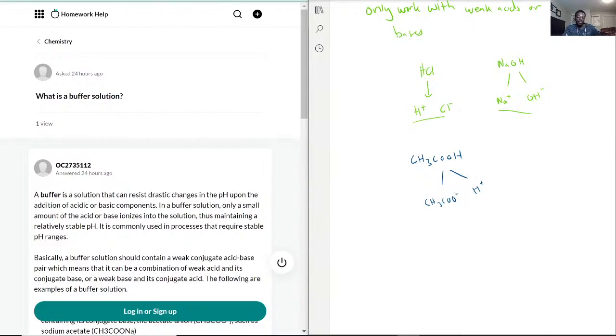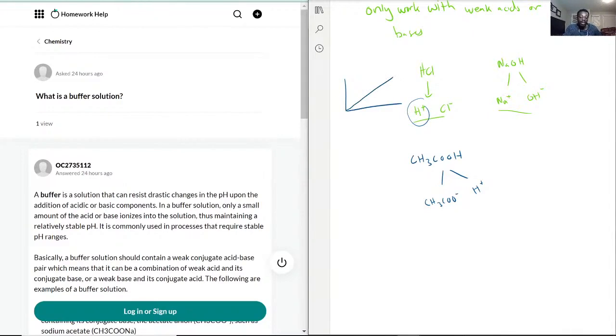Now the reason why this is different is because in the HCl situation, it dissociates completely. There's now no quote-unquote balance of HCl in the solution. It's all just H plus, which goes in a 1-to-1 ratio. You add some base, it reacts with the hydrogen, and with strong base and strong acid, it'll look like a straight line, because it's directly related.